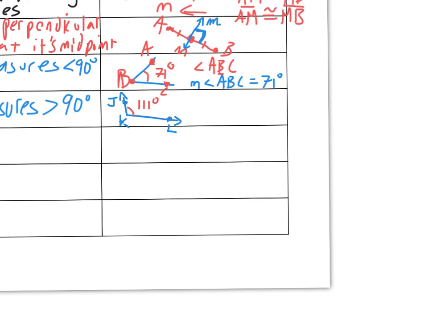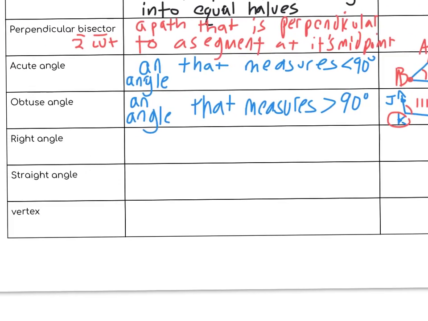So I'd name this as angle JKL. The K goes in the middle because that's the vertex. I could also name this LKJ. The order does not matter as long as the vertex is in the middle. And for the measure of this, we'd say the measure of angle, and I will go backwards, LKJ, is equal to 111 degrees. Because it's greater than 90, it is obtuse.